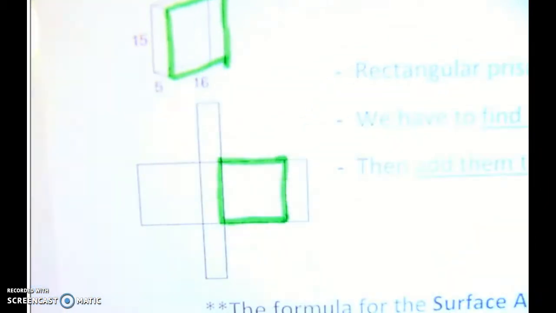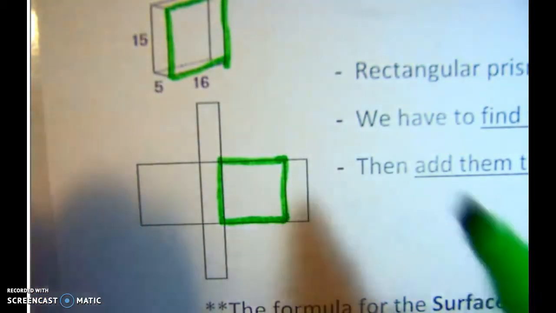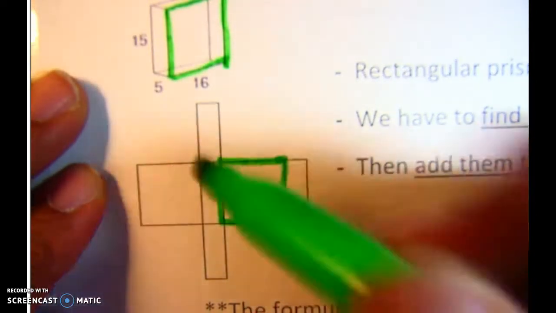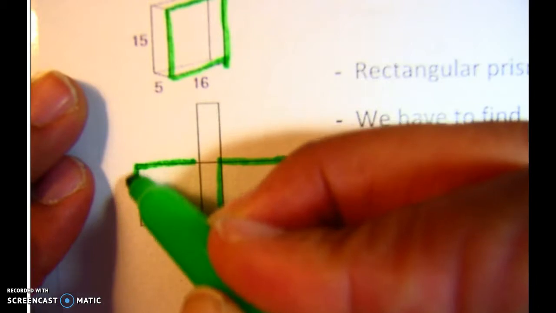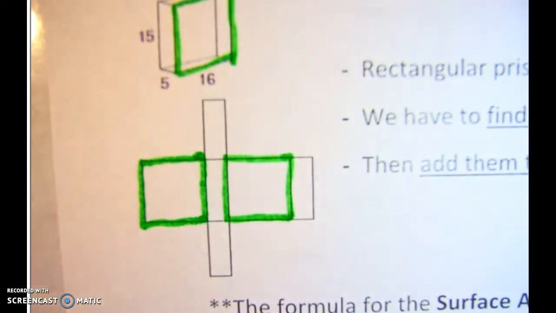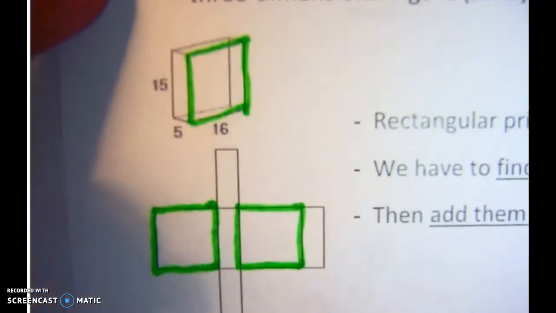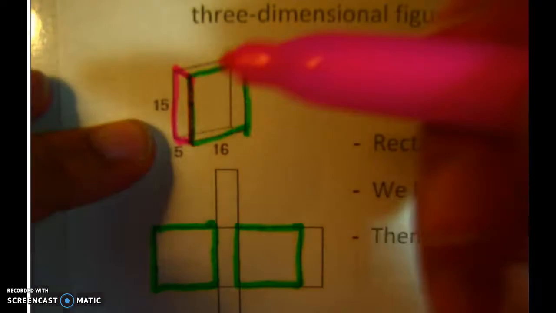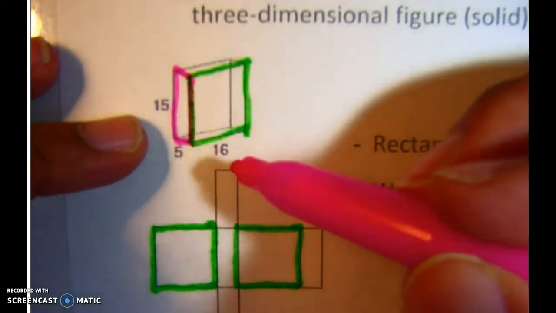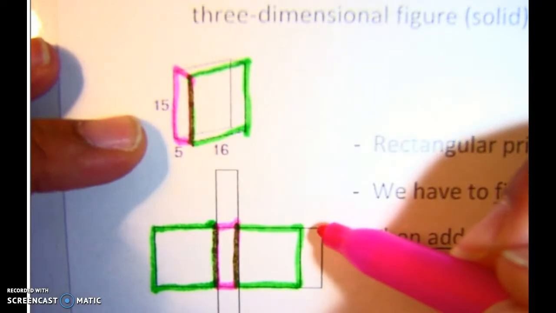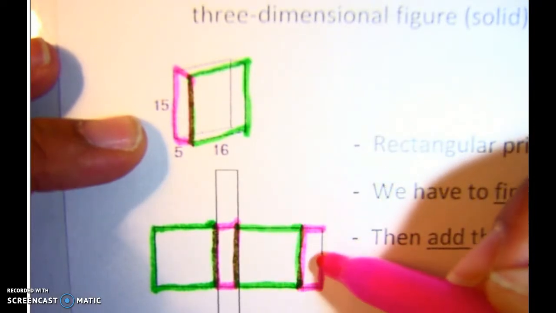This is the same shape. The front is going to be the same shape as the back, a 15 by 16. Okay, then we can look at the sides. I have a left side that's 5 by 15, and that would be here and here.